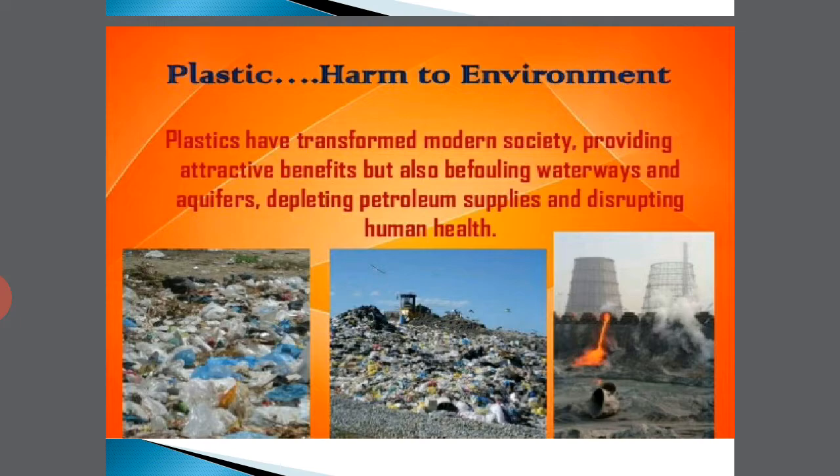It can be controlled in the near future because so many things are being packed into plastic or polythene bags, and after use they are thrown here and there, and they are very much harmful to the environment as well as to human health.